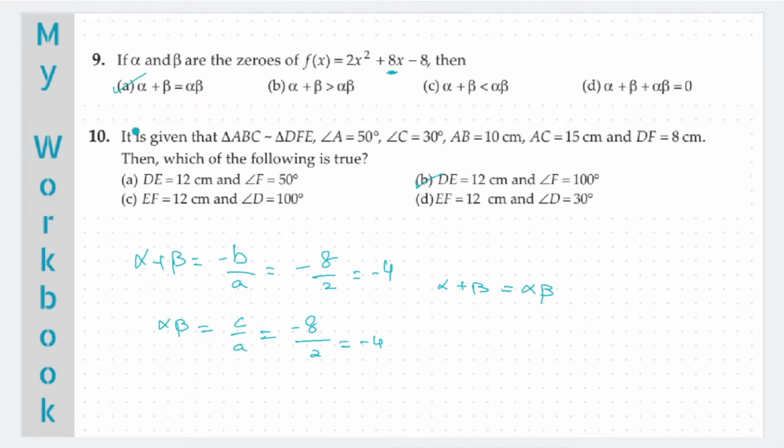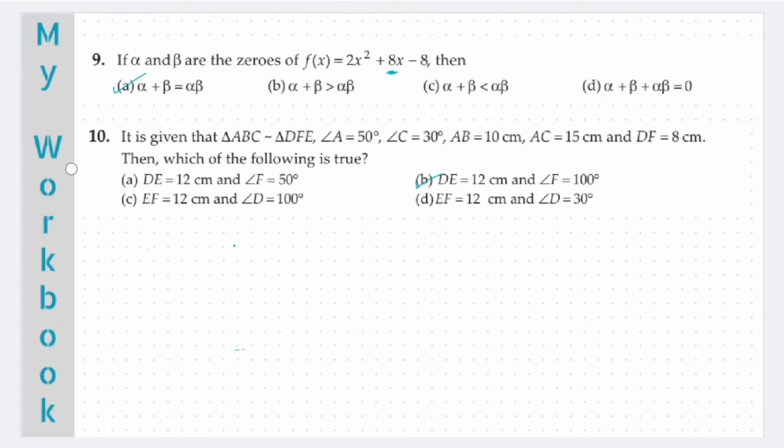Now let's do sum number 10. Let's draw the two triangles ABC. It's always easier when we have the diagrams.